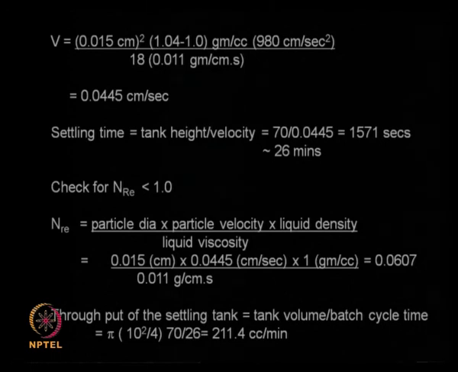If the velocity is very high, it may create turbulence, then Stokes law is not valid. So we have the particle size, the particle velocity, the liquid density and the liquid viscosity. We introduce all the terms and find that the Reynolds number is very small, much less than 1. So it is okay for us to use this equation, otherwise it is not correct.